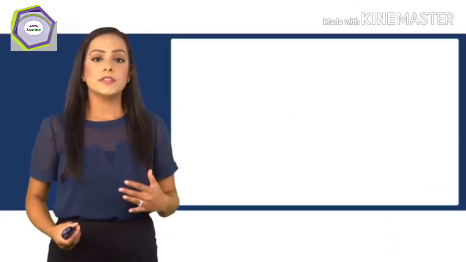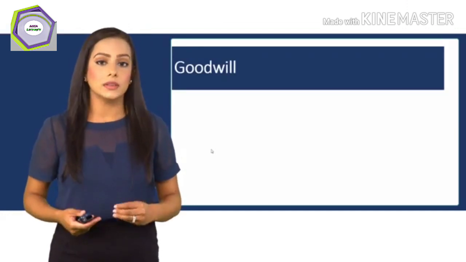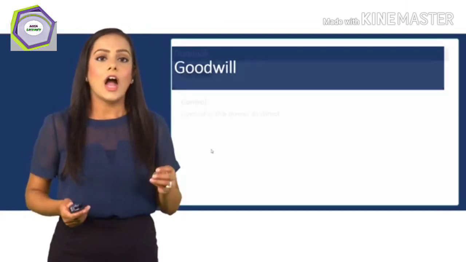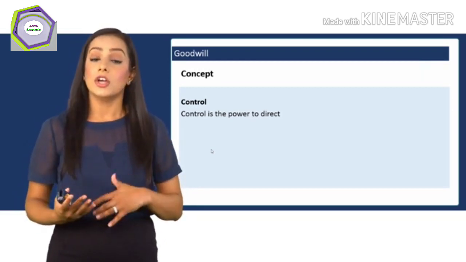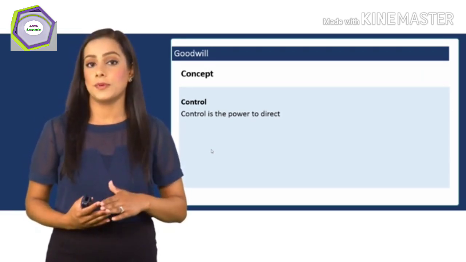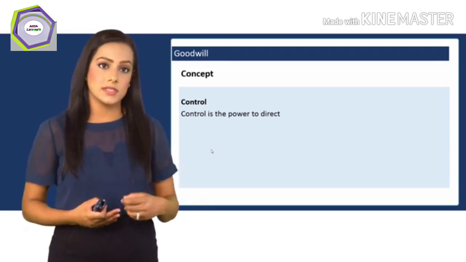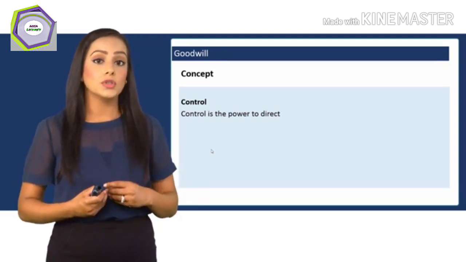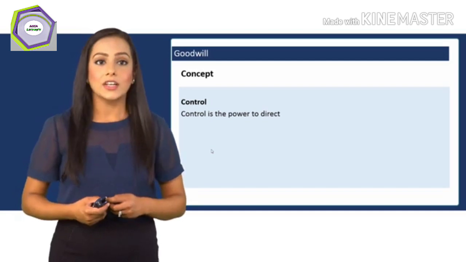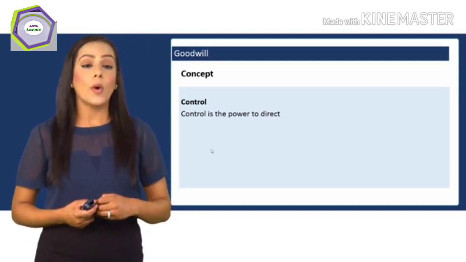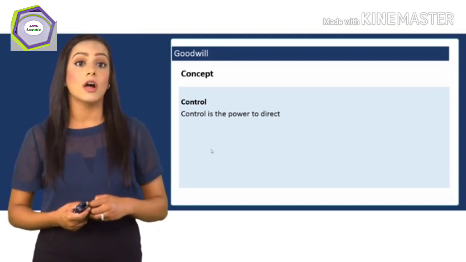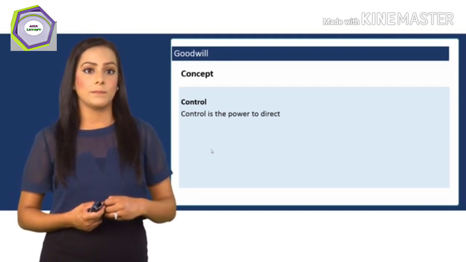Hi guys, this video will talk about goodwill in detail. Goodwill arises when the parent consolidates their performance with that of the subsidiary. This is called group accounting, and consolidated statements of financial position is prepared when the parent has control over the subsidiary.